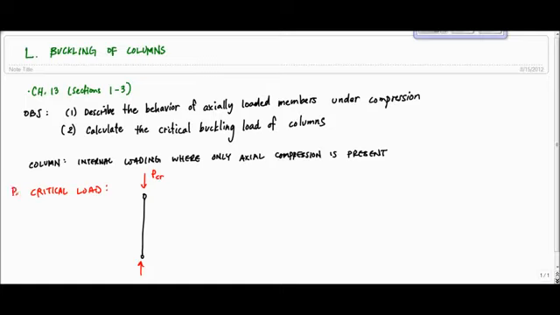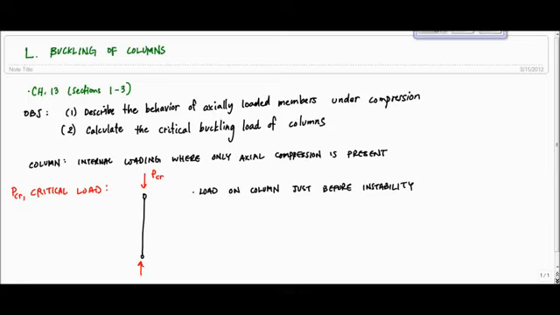P critical is the load on the column just before instability occurs. Okay, just before instability. And when I say instability, I mean collapse. Buckling out, all kinds of phenomenon. Load on column just before instability occurs.